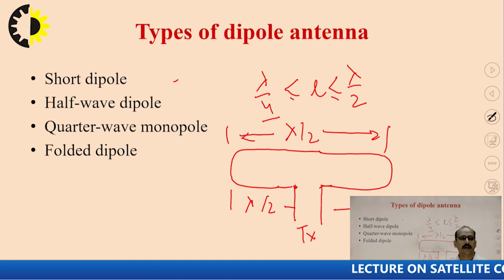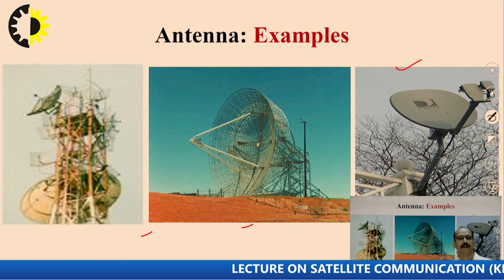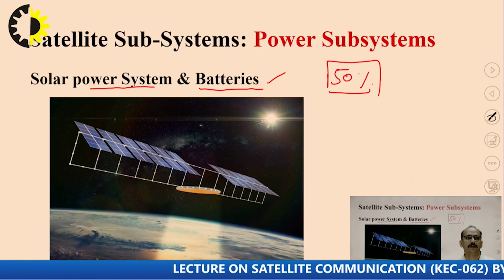So these are the various wire antennas used by the satellite for transmitting and receiving data.